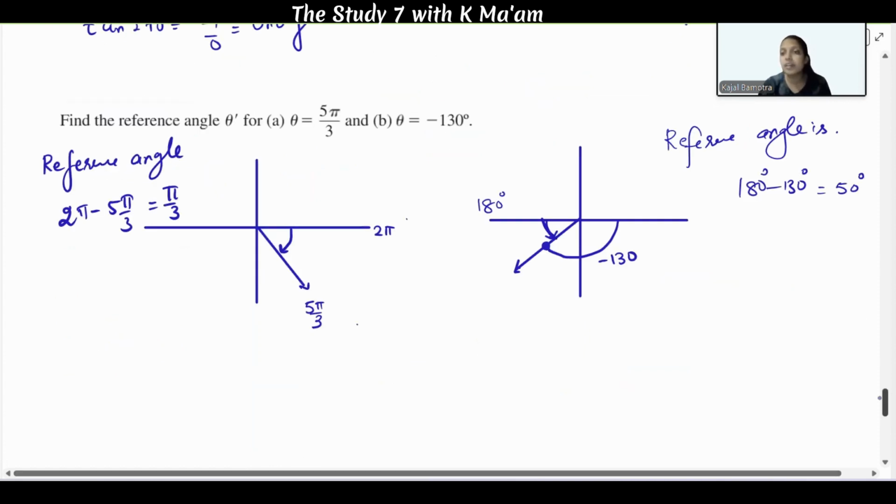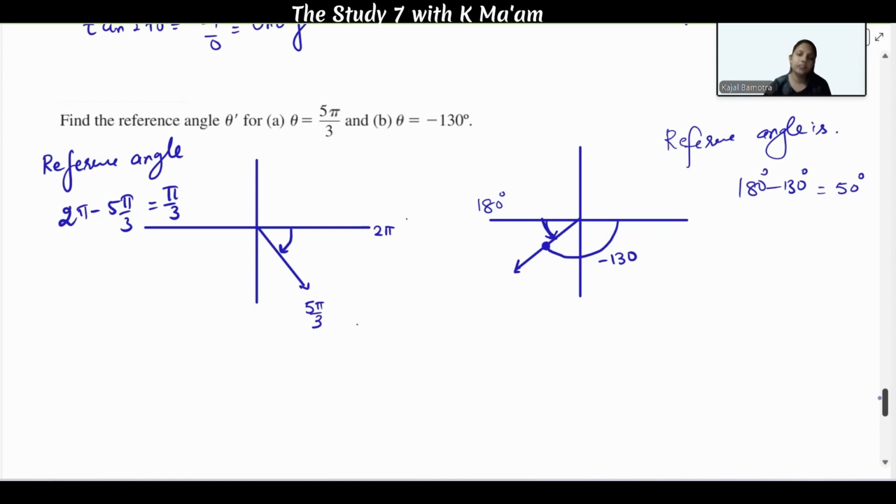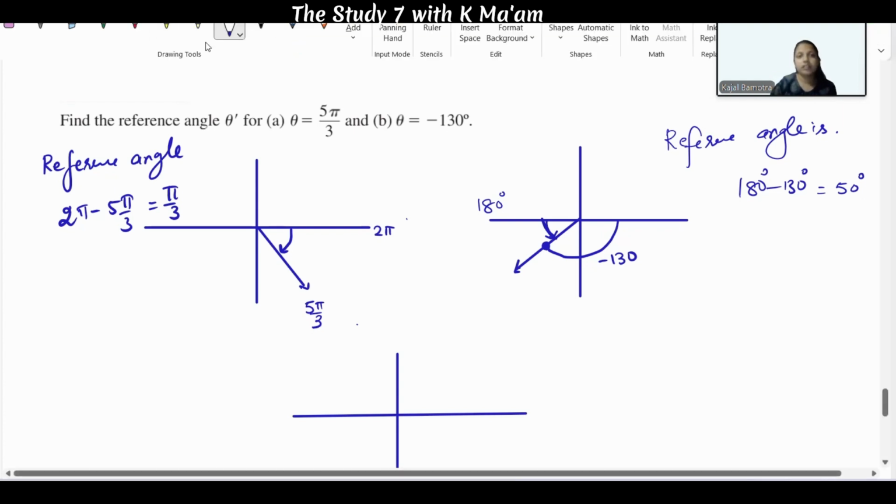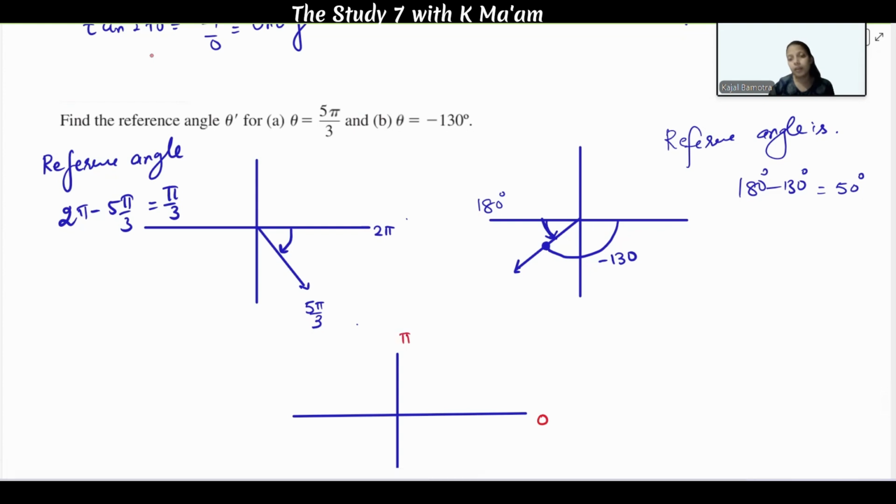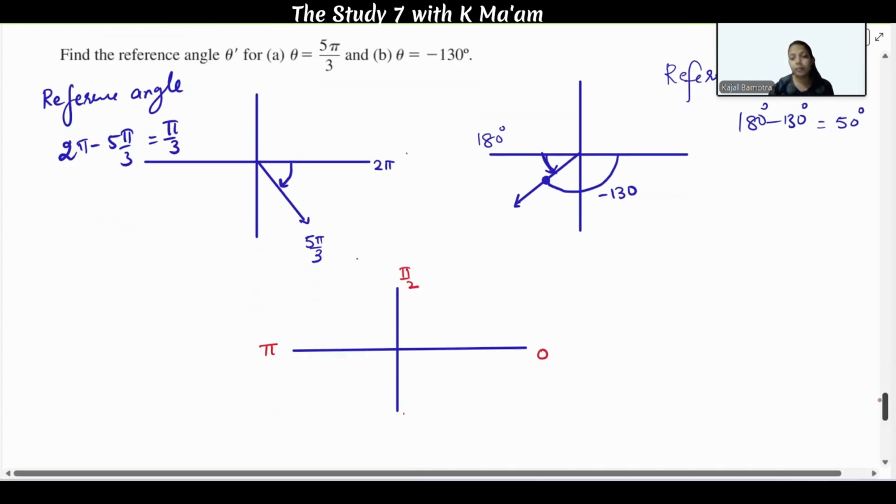Next, we will learn about quadrants, in which quadrant the trigonometric ratio is positive or negative. So we have 4 quadrants in total. The first quadrant is from 0 to pi by 2. Then pi by 2 to pi is the second. Pi to 3 pi by 2 is the third quadrant.